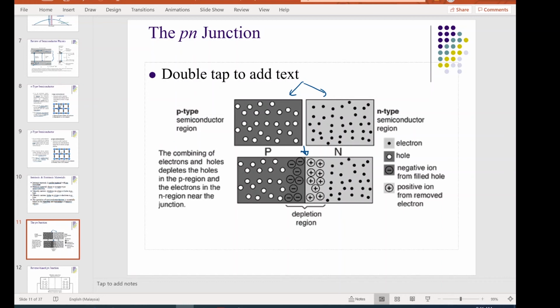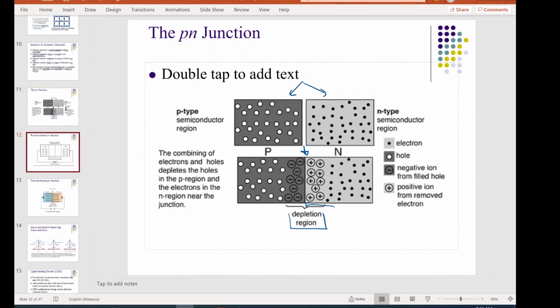The minority carriers approach the interface, and they form the so-called depletion layer or depletion region. This is the case where we don't provide any bias, or any electrical field.